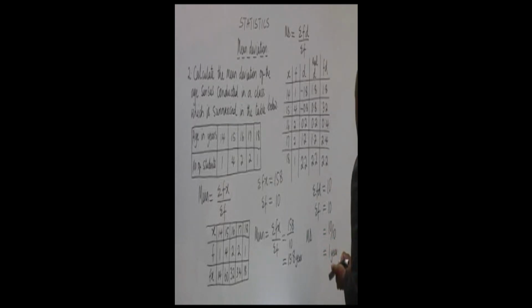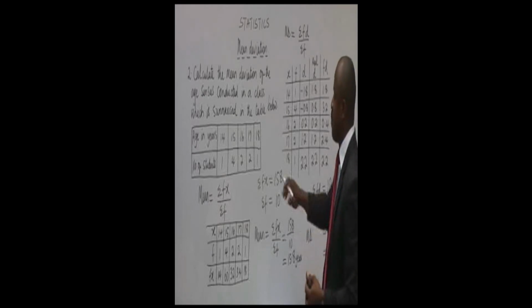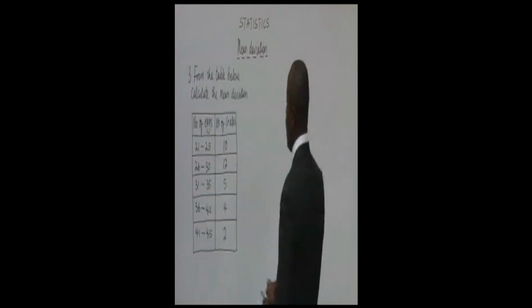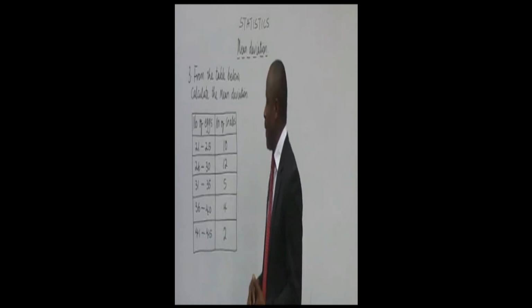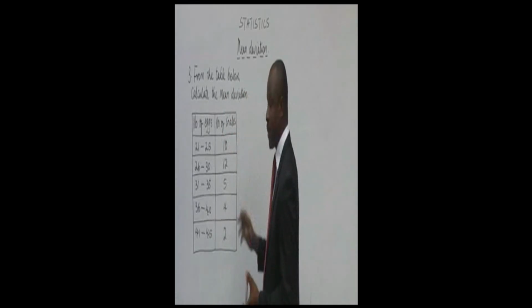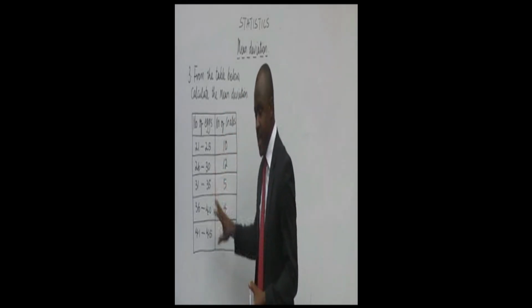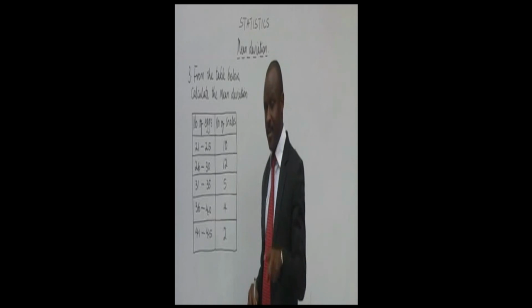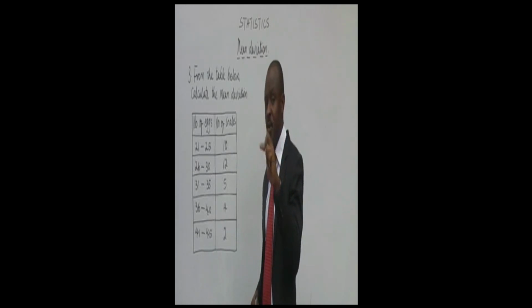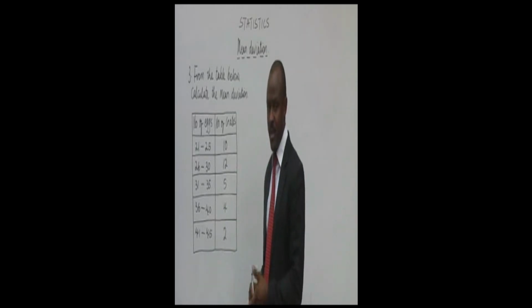So 1 year is the mean deviation of that distribution summarized in that table, which the question asked us to calculate. Now this is question number 3, and it says that from the table below, we should calculate the mean deviation. In this case, we have class intervals. The first one we did has no frequency, the second one has frequency, and this third one has class intervals and frequency.